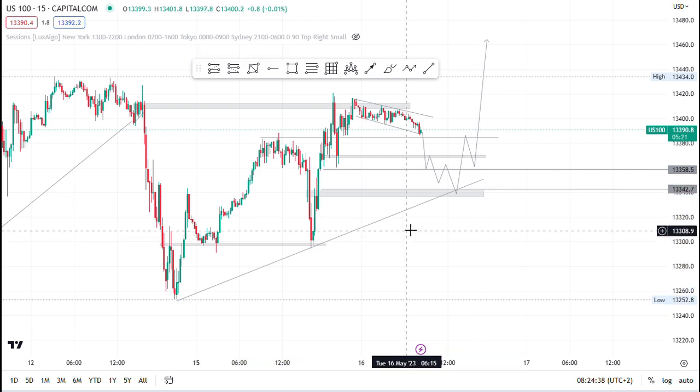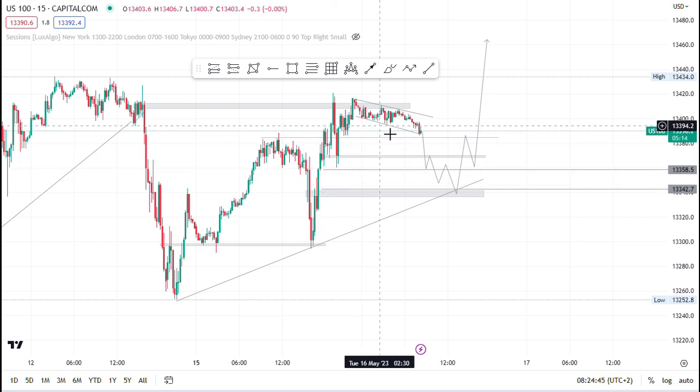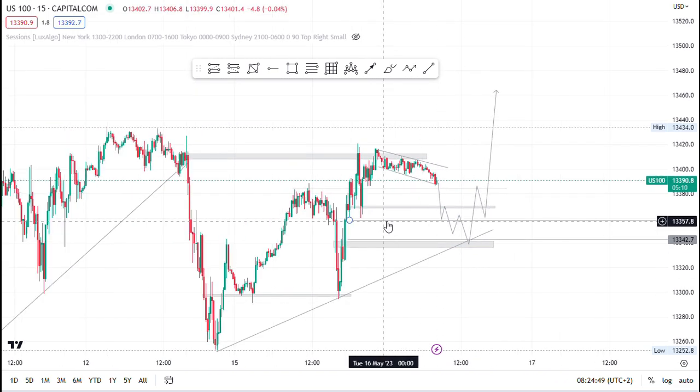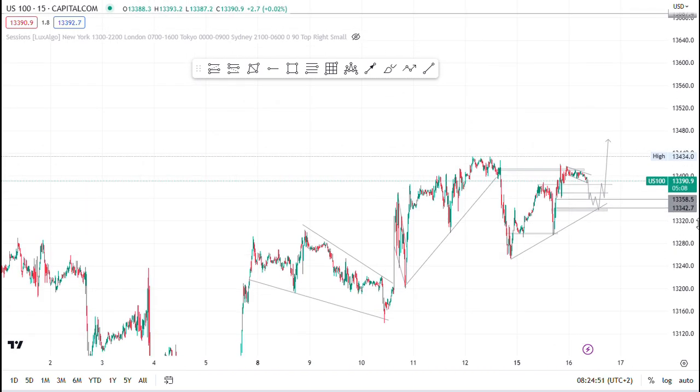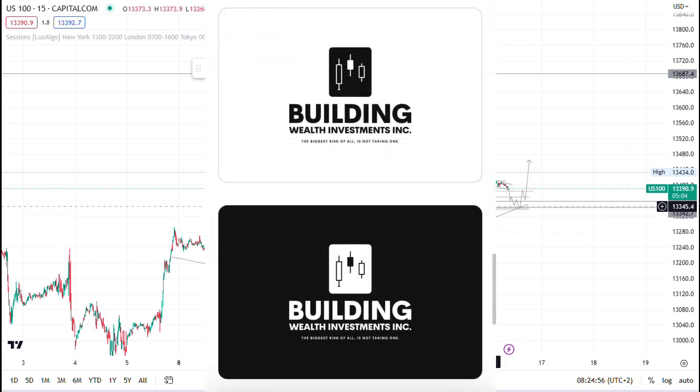Also, we can see that we have a resistance which was broken impulsively, which can then become our support, and we can also take it from here. So I think that's about it for US100. Let's look at another pair.